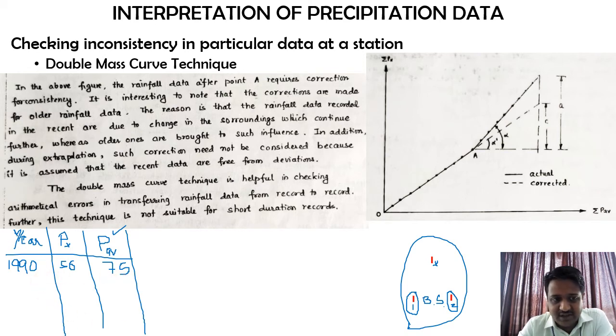Now similarly, they will be giving us the data for, let us say, 91, 92 and so on. Okay, so usually this data will be for more than 30 years.